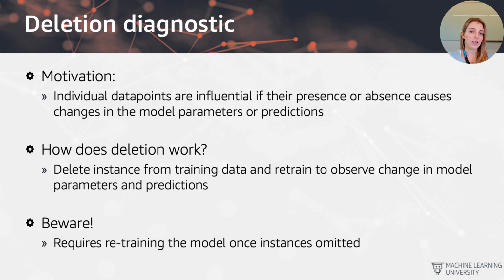So how can we find these important instances? Well, we can delete different instances from the training data iteratively and retrain the model, and then simply observe, do the parameters of the model or the predictions change?